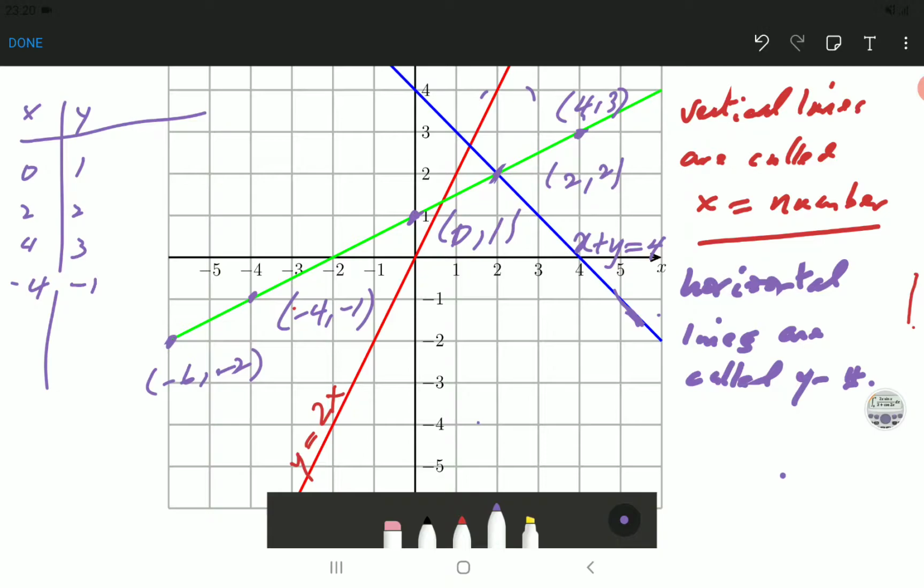Just looking at these, you might want to notice that these ones are going up in ones, while these ones are going up in twos.